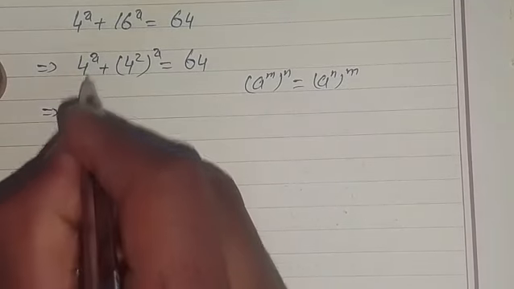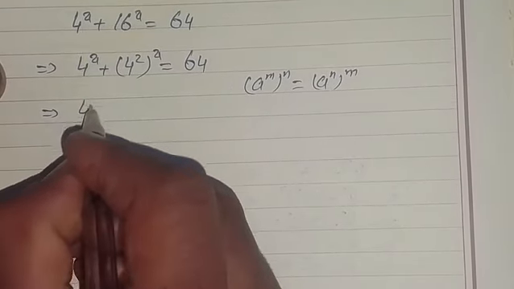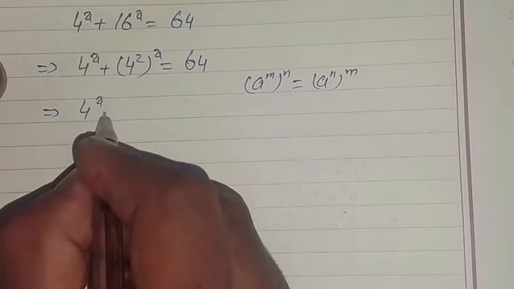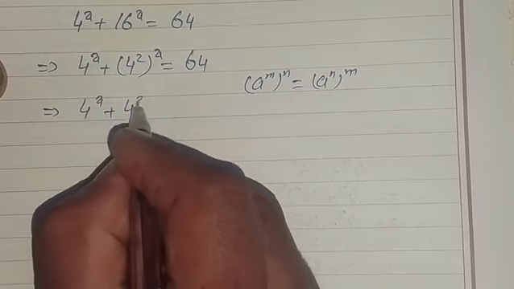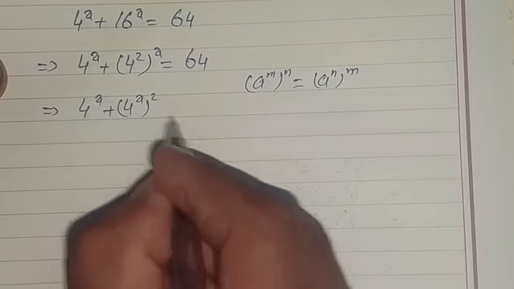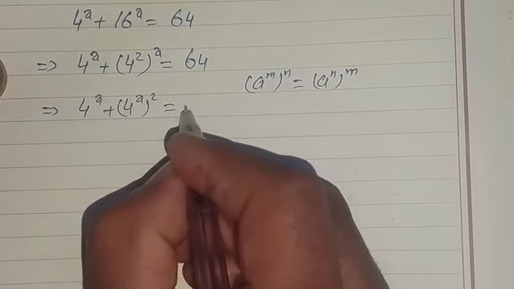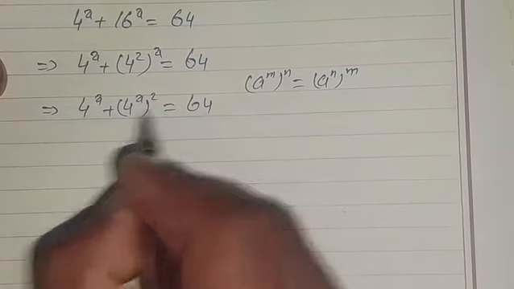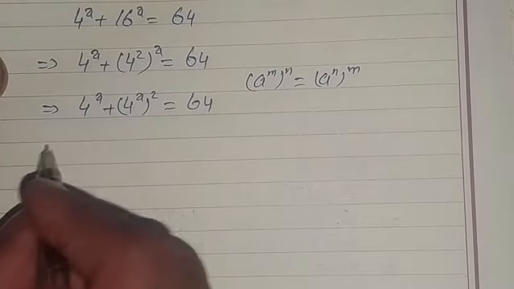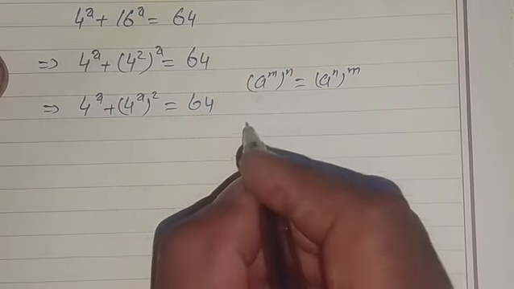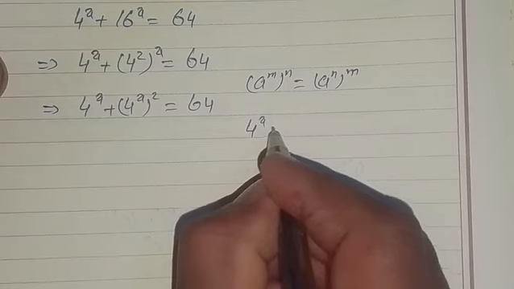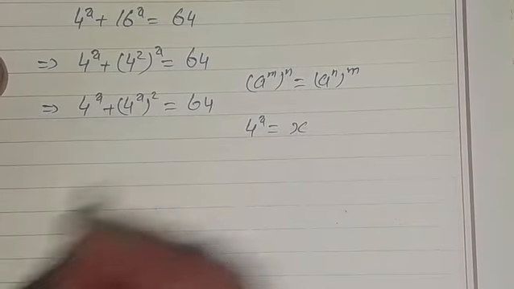Now we write 4^a + (4^a)^2 = 64. Now we take 4^a = x.